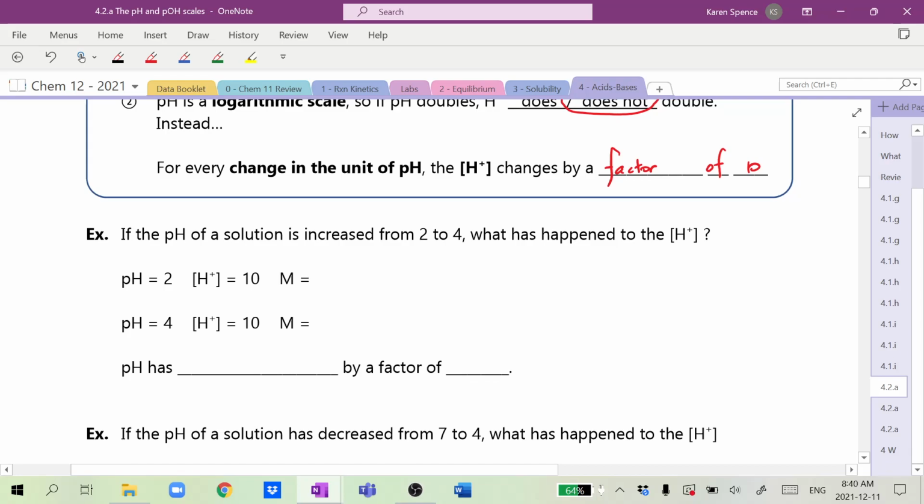All right, an example here of what happens when we change the pH. Let's say our pH increases from 2 to 4. What has happened to the concentration of hydrogen?